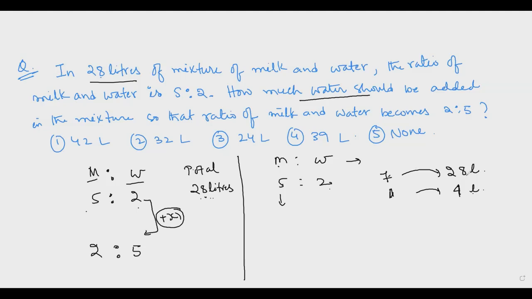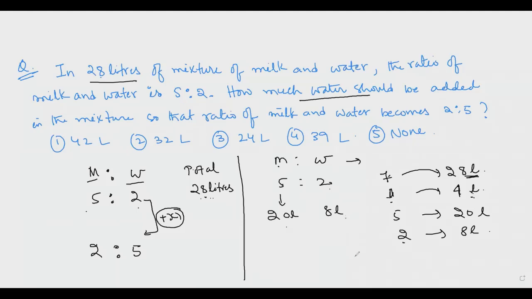See, 7 is equivalent to 28 liters... 7 is equivalent with the total, 1 is equivalent with 4 liters, so 5 is equivalent with 20 liters, and 2 is equivalent with 8 liters. This is the actual amount: 20 liters of milk and 8 liters of water.